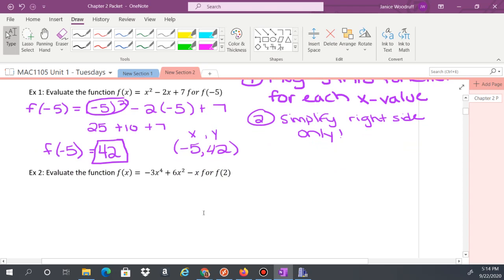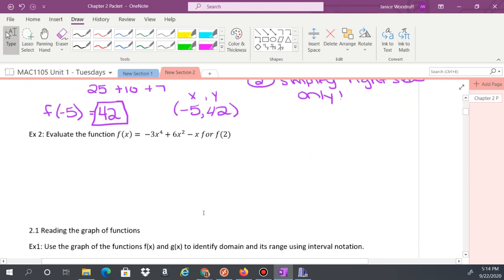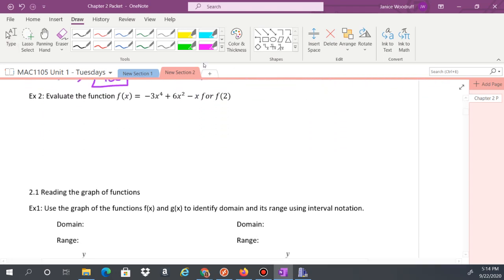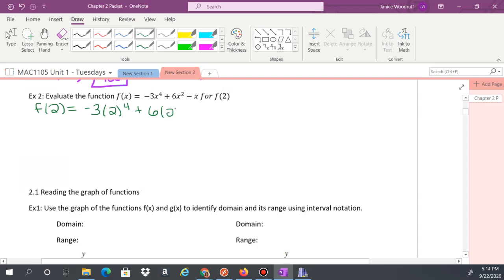So let's look at example 2. We're going to plug 2 into our function. So we have f of 2 equals -3, and then you're going to have a 2 to the 4th, and then a 2 squared, and then minus 2.